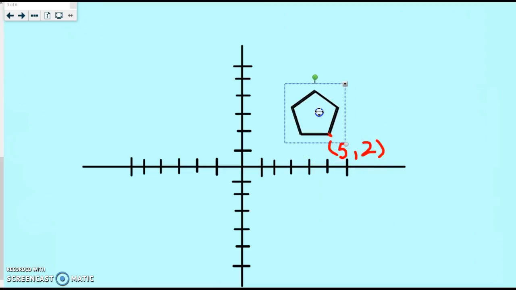So for this one, I'm gonna move it 3 down and 2 to the left. So you now have the new location of the new figure after it's been given a translation of 3 down and 2 to the left, where the point I've chosen is now at 3, -1.